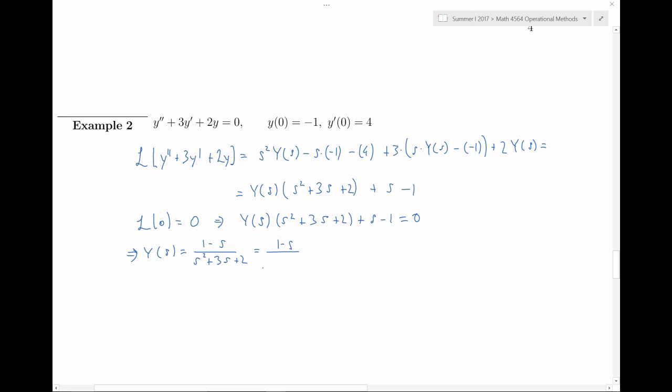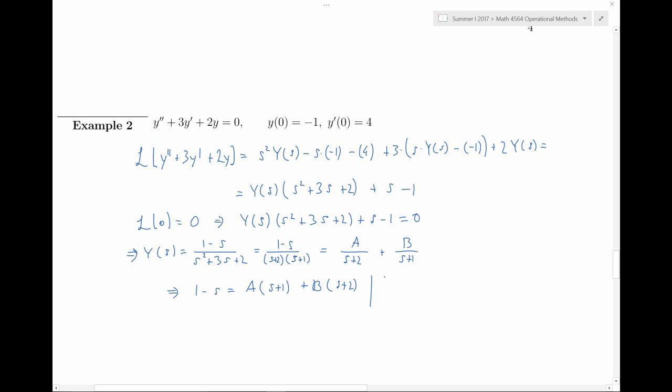The denominator factors into s plus 2 times s plus 1. So therefore it can be rewritten as a over s plus 2 plus b over s plus 1. This leads to the equation that 1 minus s must be a times s plus 1 plus b times s plus 2.